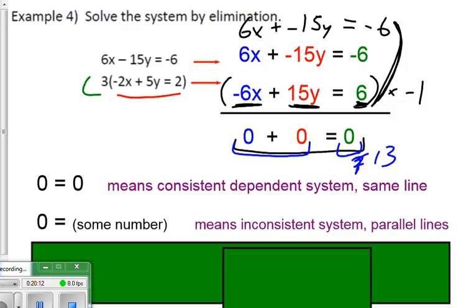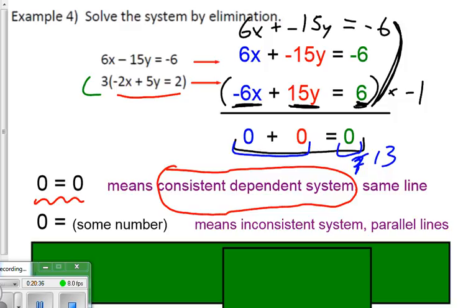If we're working with elimination and we get to a spot where we have 0 equals some number, you can just know from there there's no solution because they are parallel lines. It's an inconsistent system. So in this case, because we have 0 equals 0, our solution is a consistent dependent system. Every single point is the exact same.